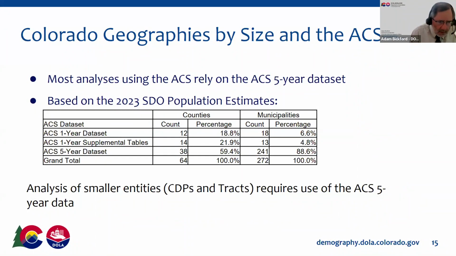As you look at this, 59% of counties have fewer than 20,000 people in them. And almost 89% of the municipalities are in that same boat. And this is in Colorado. Analysis of smaller entities, census-defined places, and tracts requires the use of the 5-year data, just because of the definitions of these particular geographies.